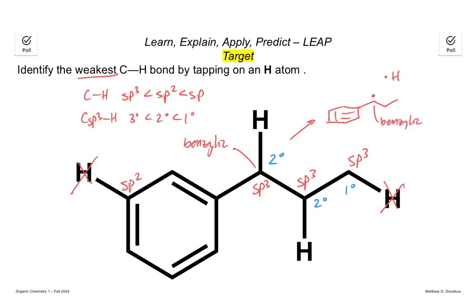The reason the benzylic radical is preferred is because it's resonance stabilized. That pi bond can hop out of the ring, and then you end up with a stabilized radical.